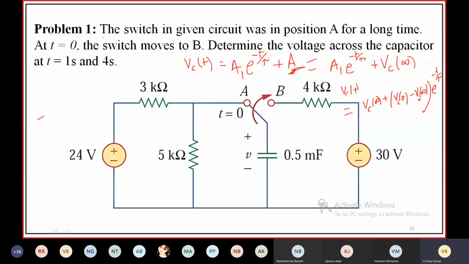Either you use this expression or that expression, you will get the same value.